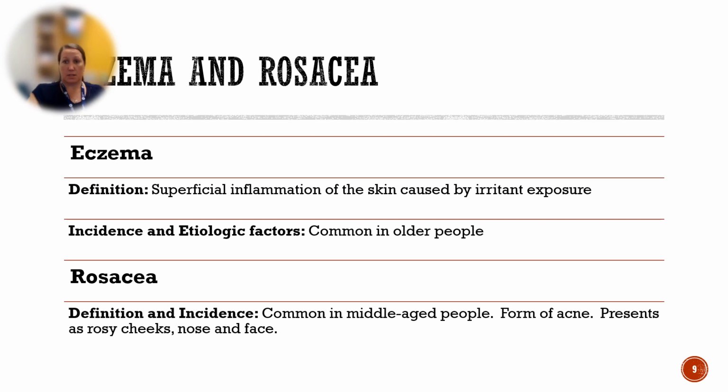Many types of dermatitis are represented according to these major etiological categories. There's allergic dermatitis, irritant dermatitis, atopic dermatitis. So all of those are forms of eczema/dermatitis.